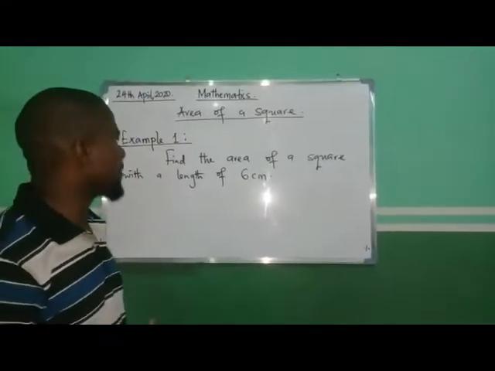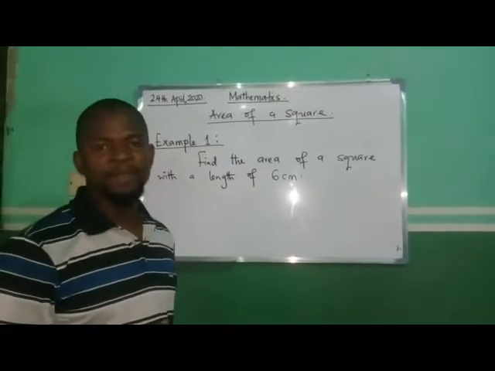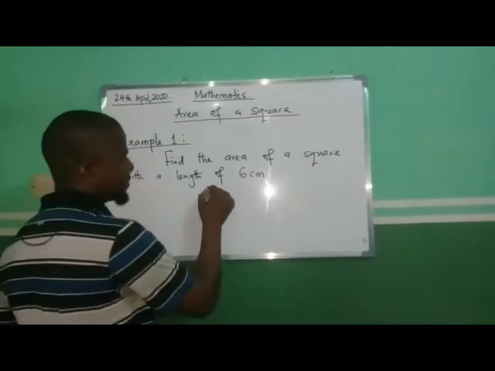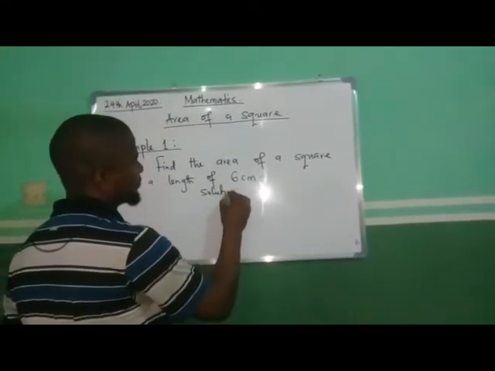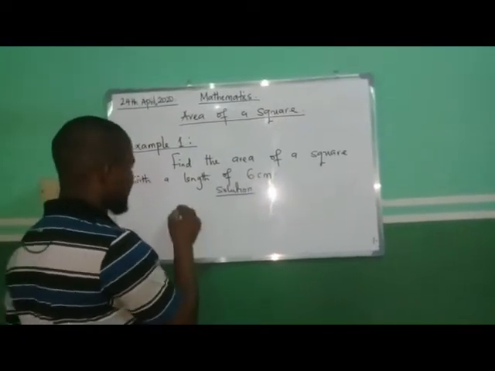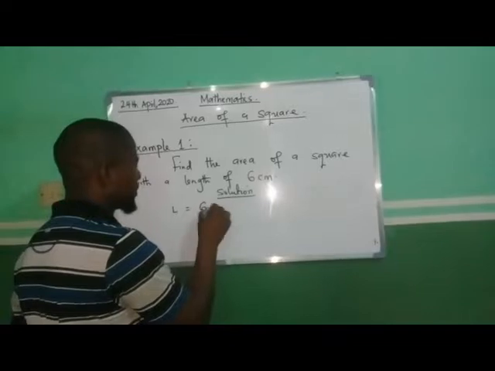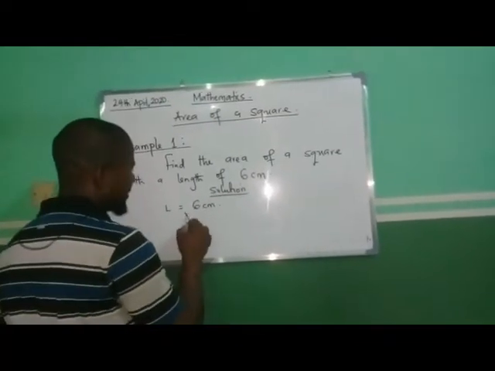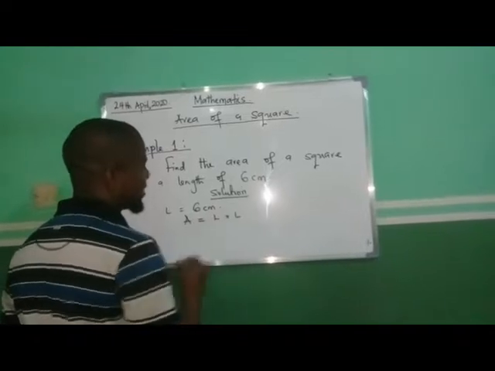Find the area of a square with a length of 6 centimeters. Now, if this is the case, easily, the solution to the problem: I've been given the length as what? 6 centimeters. So I know the length is what? 6 centimeters. So the area is given as length times length.